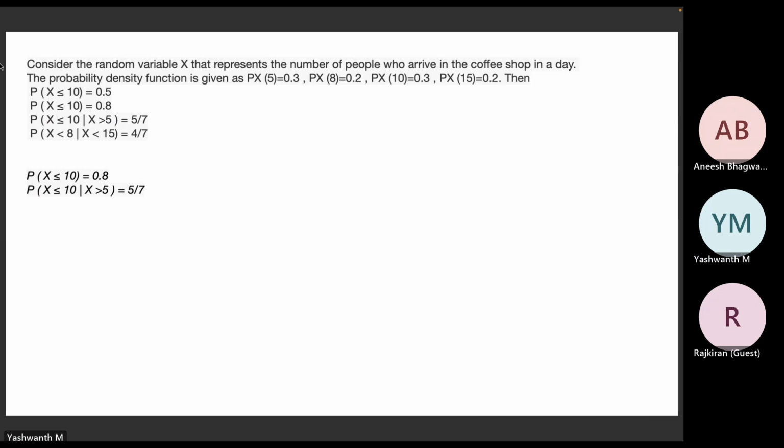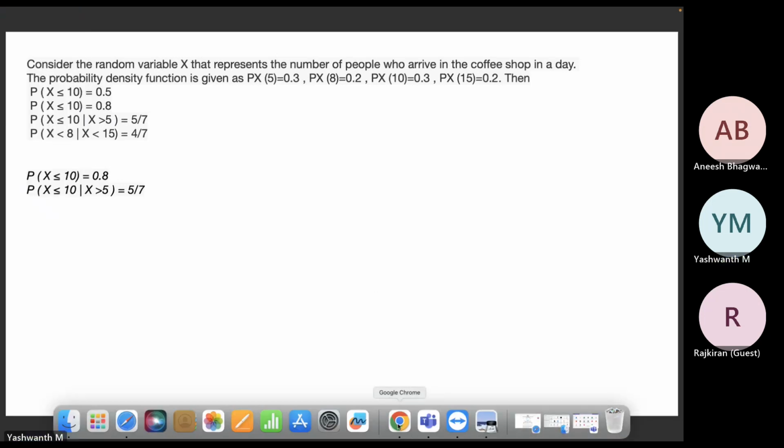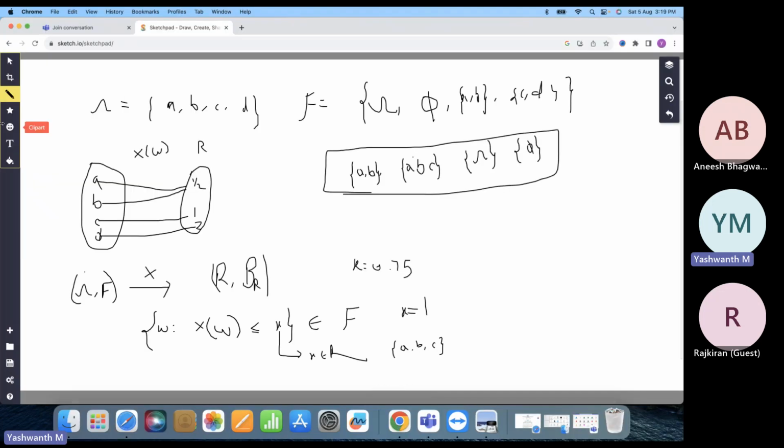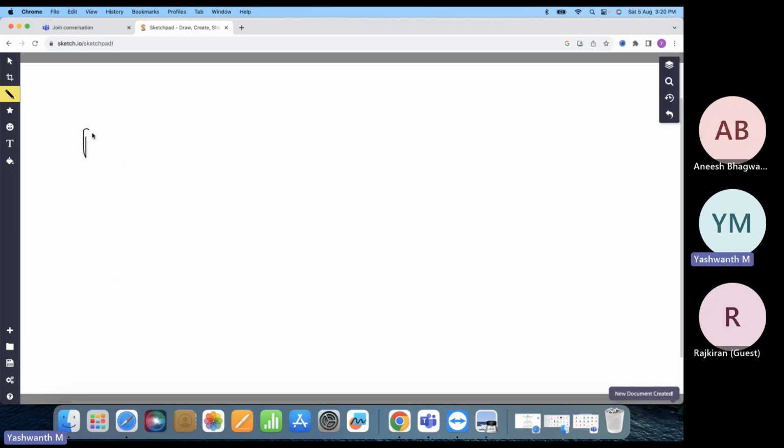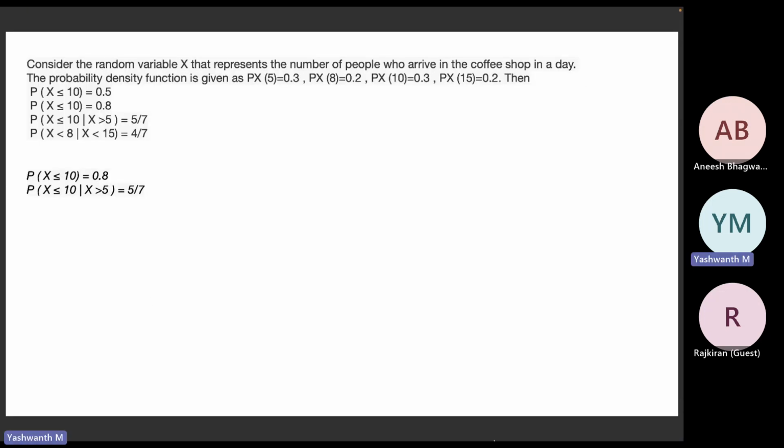Let me see: probability of X less than or equal to 10 given X greater than 5.